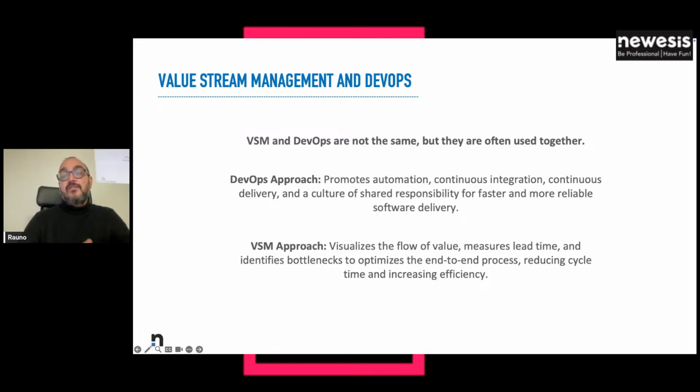And so a value stream management approach, when it analyzes your value stream to optimize it and make it a more efficient flow, very often, when it comes to software factories or software companies or digital companies, the VSM does, as an outcome, try to implement DevOps methodology to optimize the stream.